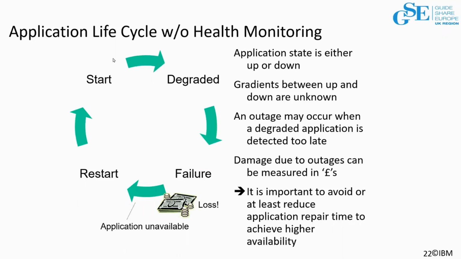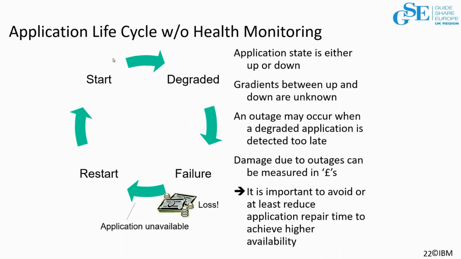So originally, as I think I mentioned, system automation only understood whether an application was up or down. So you had an application lifecycle without health monitoring. All you know is, is the application up or is it down? There are no gradients between being up or down. It's either up or down.